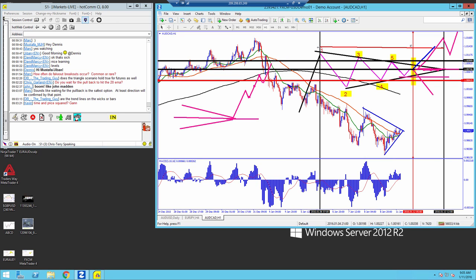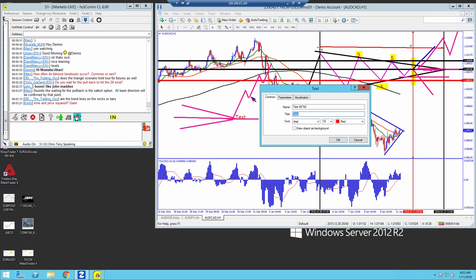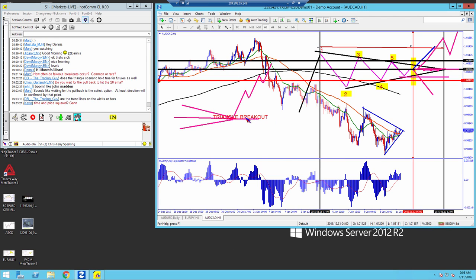Okay. Let's just draw this out here so we're all on the same page. This is a triangle breakout.